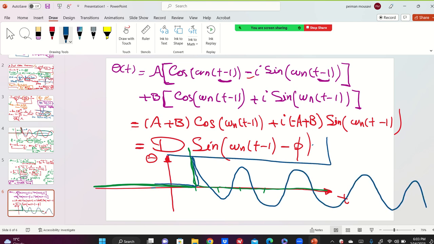And this is the mathematical proof, and this is the delay of 1.